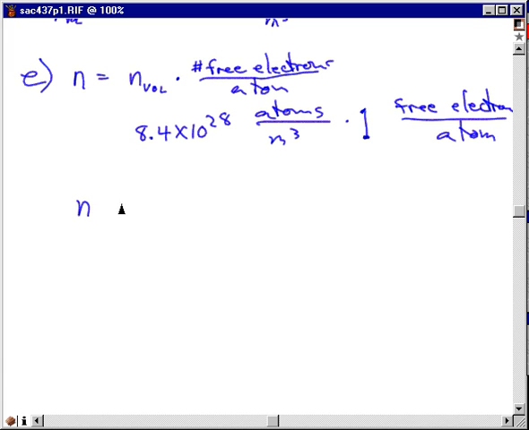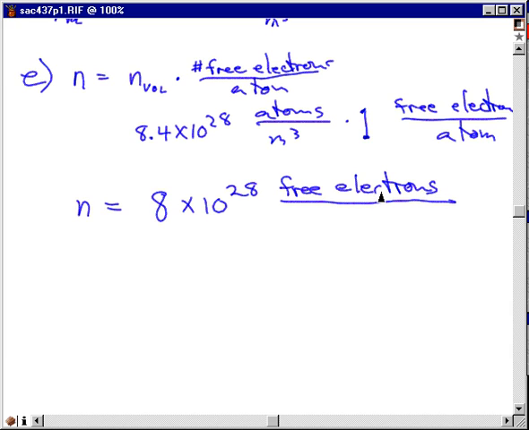And so we get N is equal to 8 times 10 to the 28th charge carriers, I'll say free electrons, per meter cube. Again, a value that we consider to be good to one significant digit.